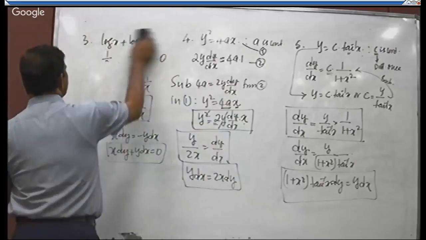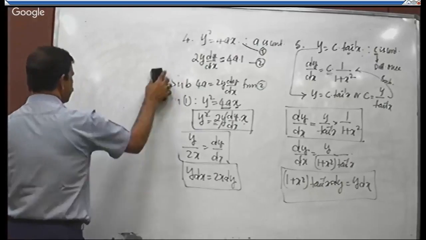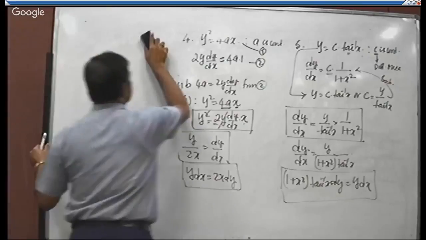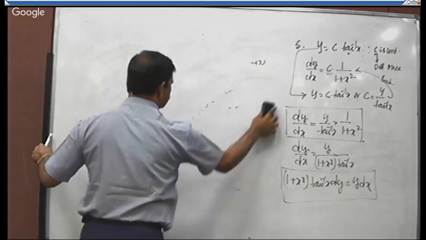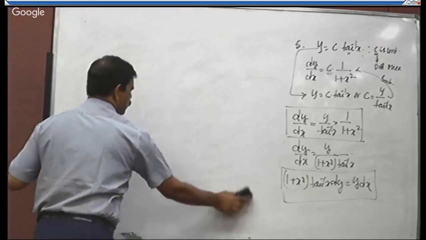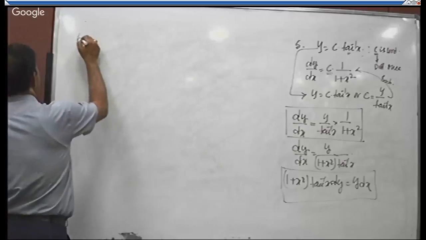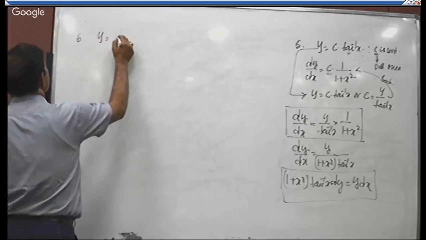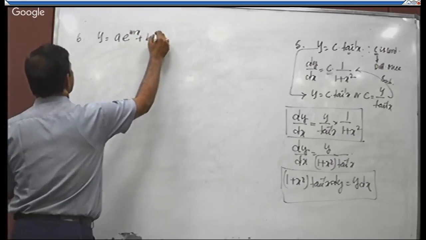Now let us take a function having 2 or more constants. Y is equal to a e to the power of mx plus b e to the power of minus mx.